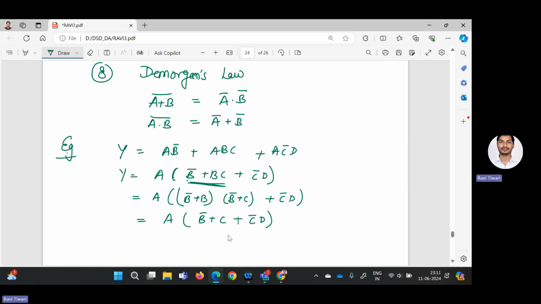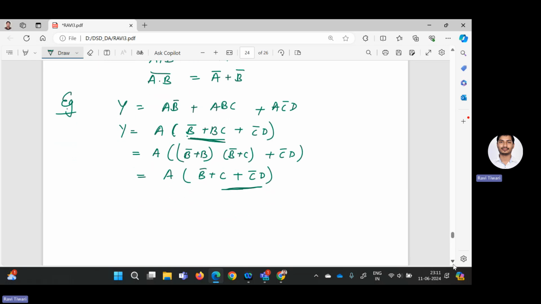Now you see, with these two terms, can we apply the distributive property again? Yes, we can apply. And we can write A, this is (B bar plus C bar) and (B bar plus D). And as we know that C bar plus C is equal to 1, so we can write A (B bar plus D). This is the answer for this question.